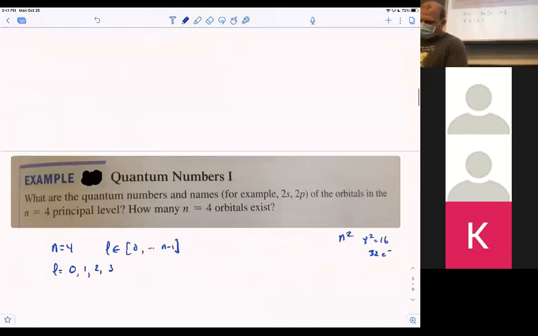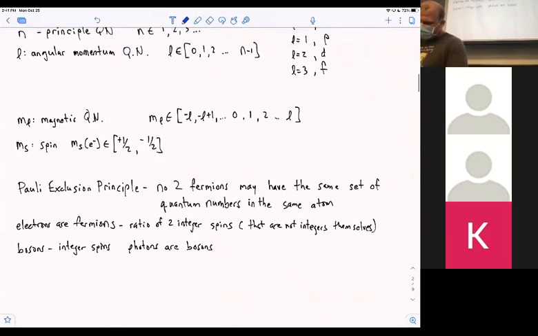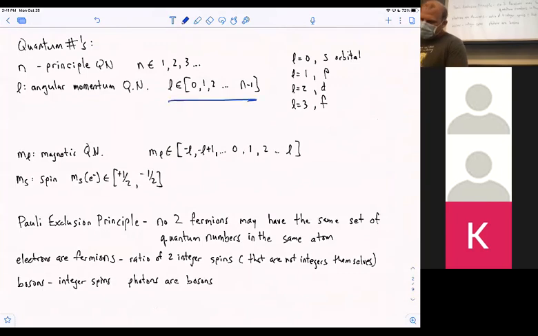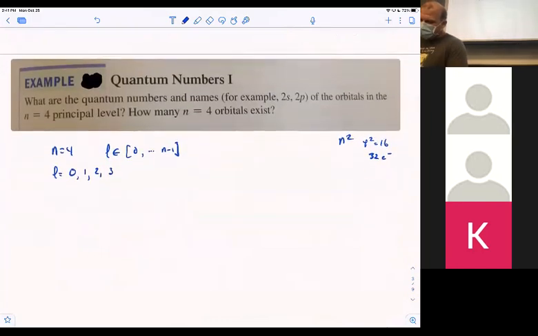You got that from up here. So l exists up to n minus 1, and if n is 4, l can be 0, 1, 2, or 3. For l equals 0, m sub l has to be 0. That's the only choice we have. If l equals 1, m sub l can be minus 1, 0, or 1.